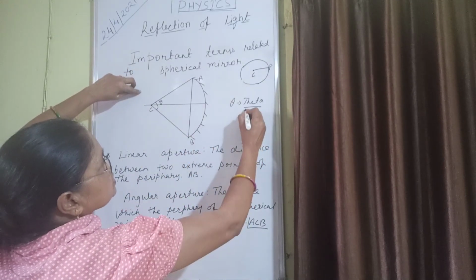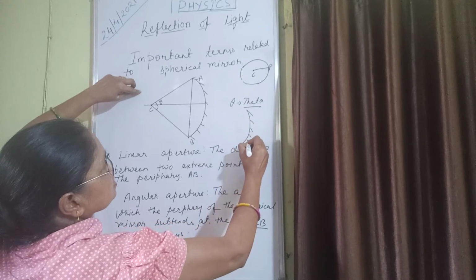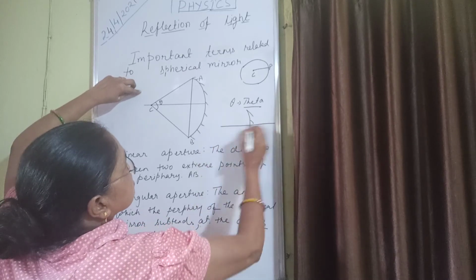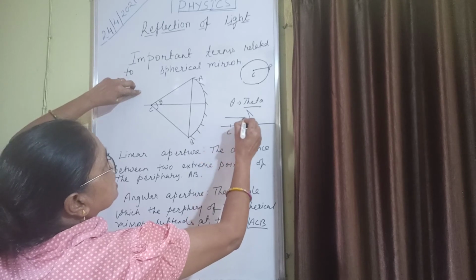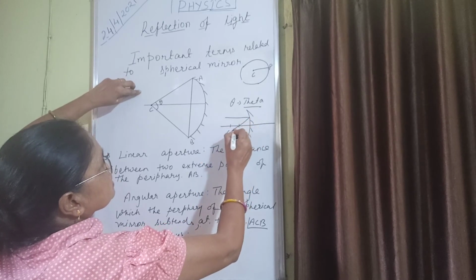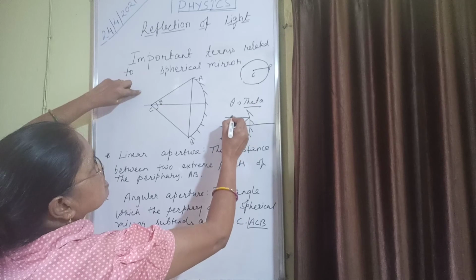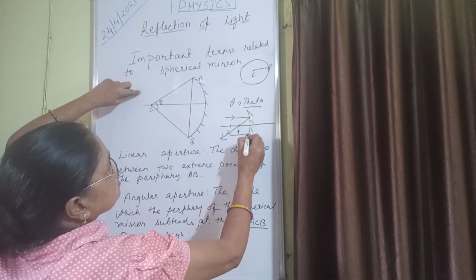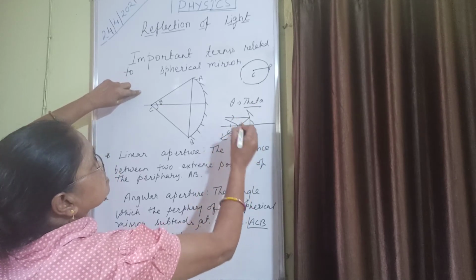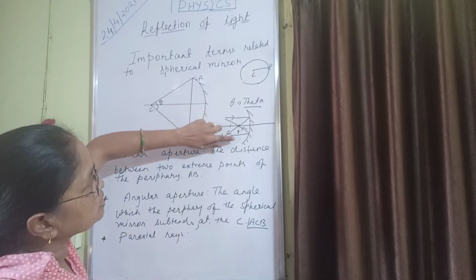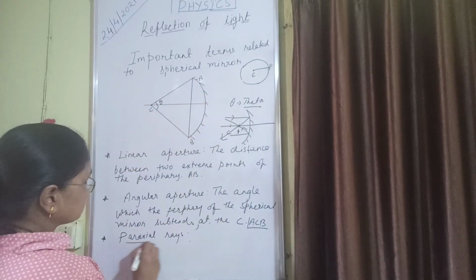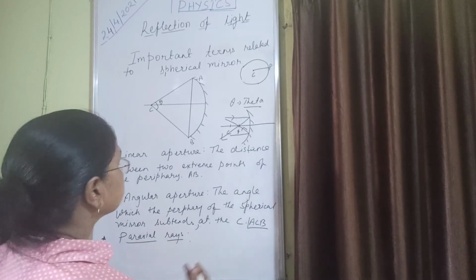Suppose this is the center of curvature, focus. Any ray parallel to the principal axis after reflection passes through focus. So the rays which are close to the principal axis are known as paraxial rays.